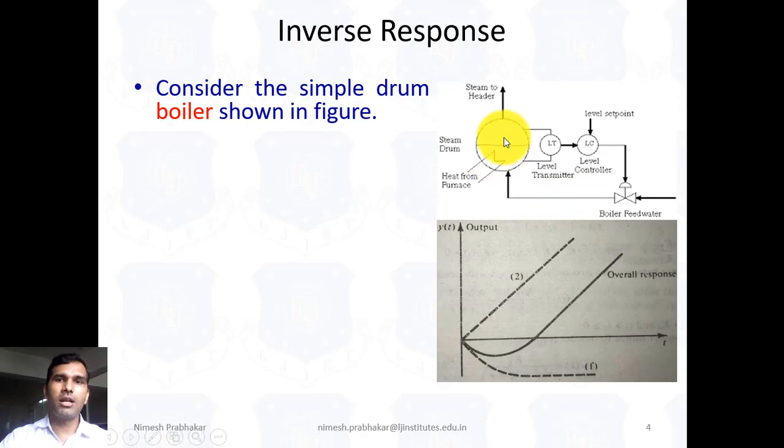At that time the level indicator gives a false reading, indicating the water level is reduced. This is known as inverse response, because here we add water but the level indicator indicates the water is reduced.